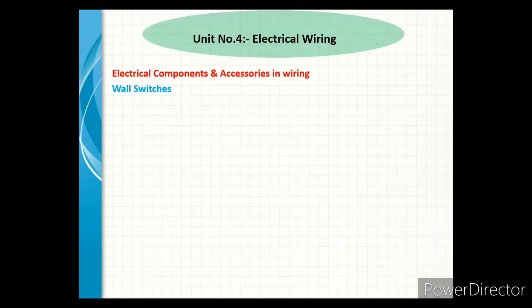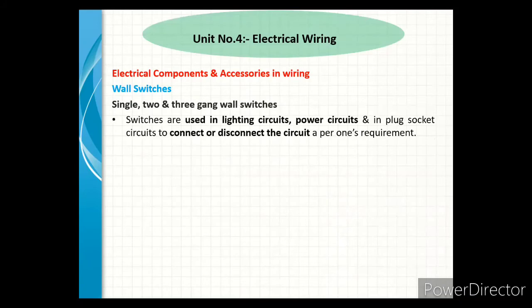Our next component is wall switches. It is a single, 2 and 3 gang wall switch. Switches are used in lighting circuit, power circuit and in plug socket circuit to connect or disconnect the circuit as per one's requirement.